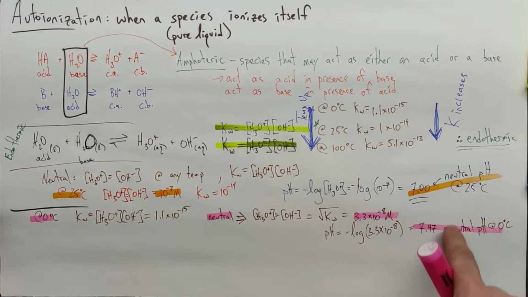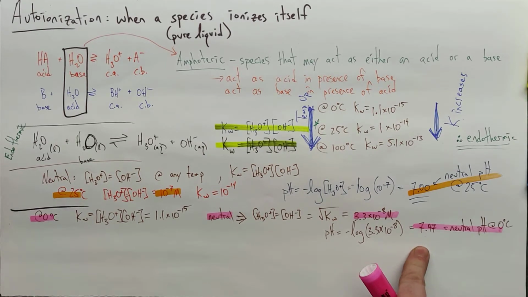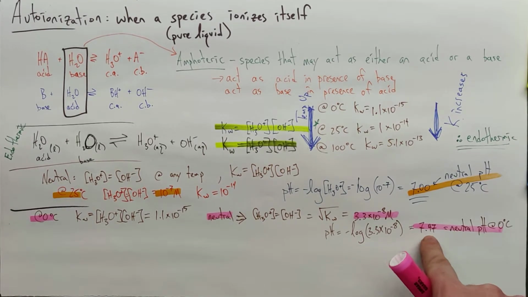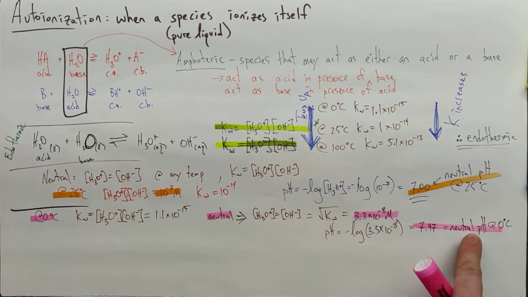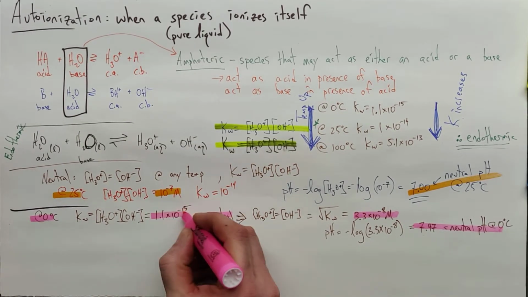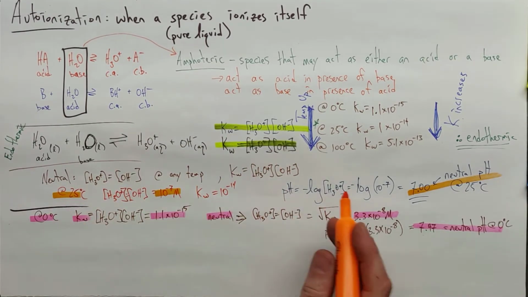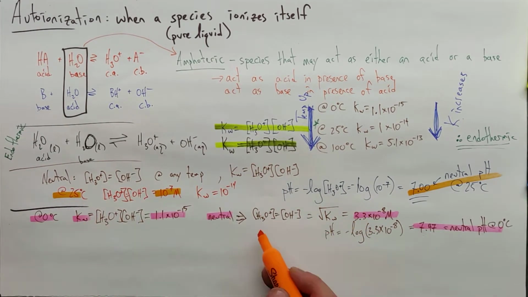So neutral can mean different things. At 25 degrees Celsius, 7 is a neutral pH. At 0 degrees Celsius, 7.47 is a neutral pH. That's not a basic solution, that's a neutral solution. It just is neutral at a different concentration because that K value has changed, right? Since K is changing, the neutral concentration is changing, but this is still equal to this right here.